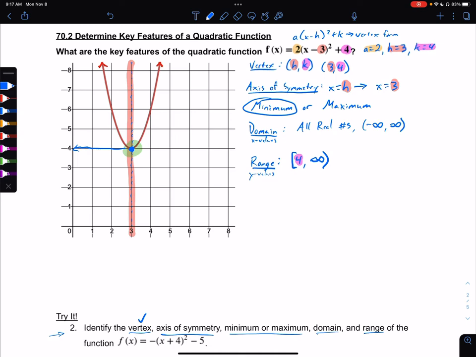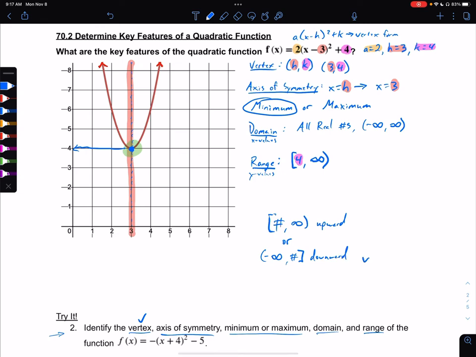Your domain is almost always all real numbers. There are very, very few exceptions, but we're not really going to be dealing with limits here, so you can safely assume that your domain is going to be all real numbers. And then your range will either be a number up to infinity, if it opens upwards, or negative infinity up to that number, if it opens downward.